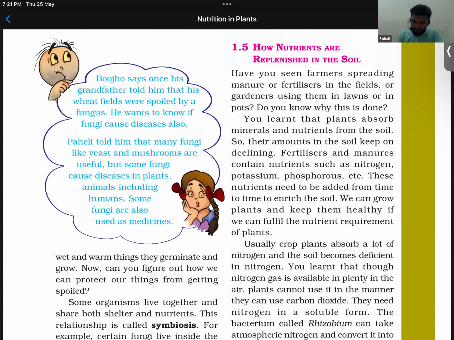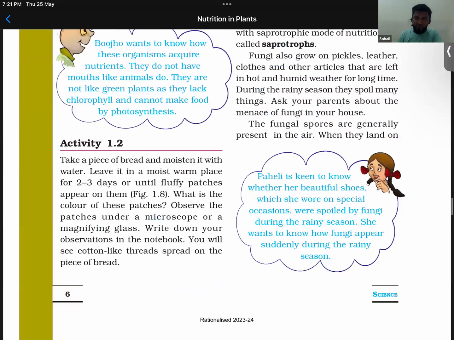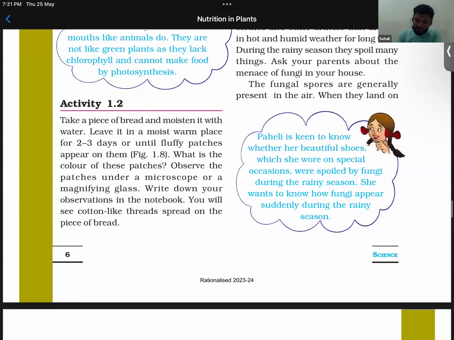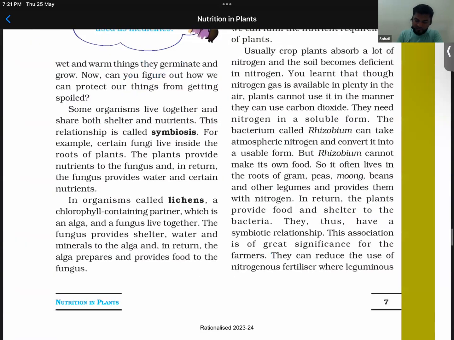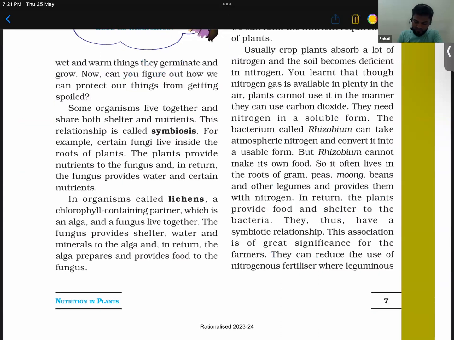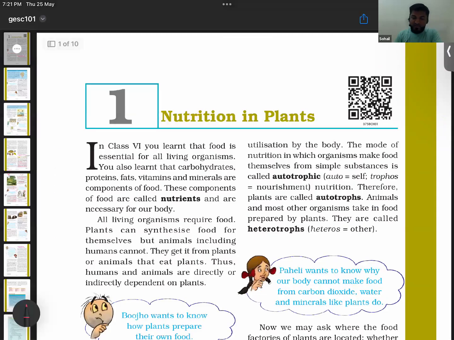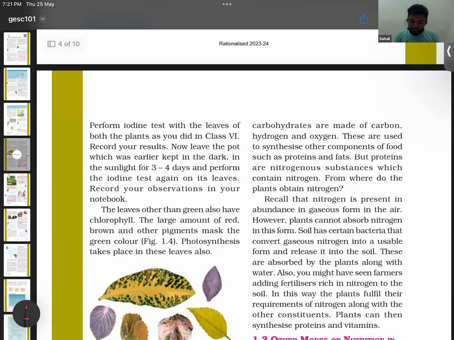But before that, in the previous section on saprotrophs, section 1.4, there's one topic remaining. See this paragraph, from 'Some organisms live together'. There's a very interesting symbiotic relationship between two organisms, which we need to discuss here.